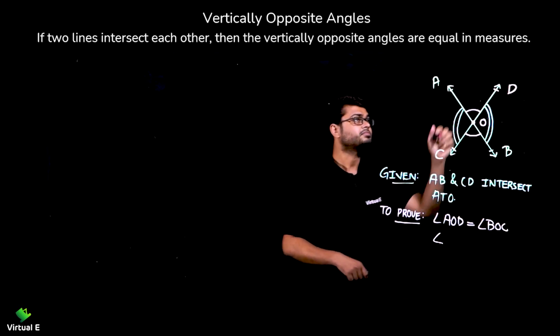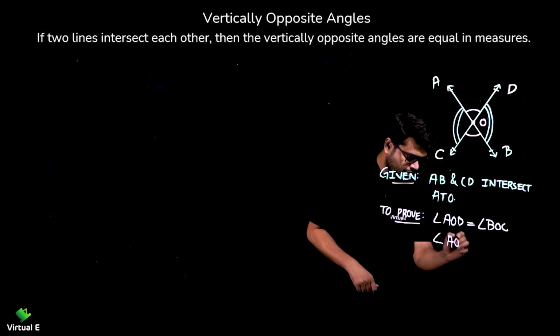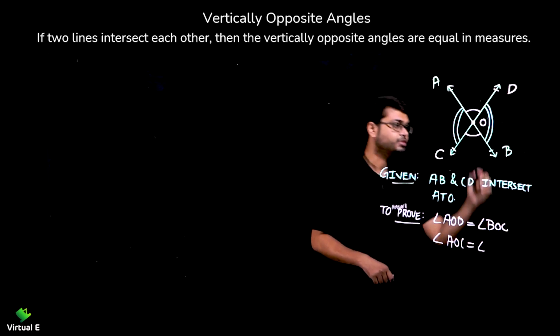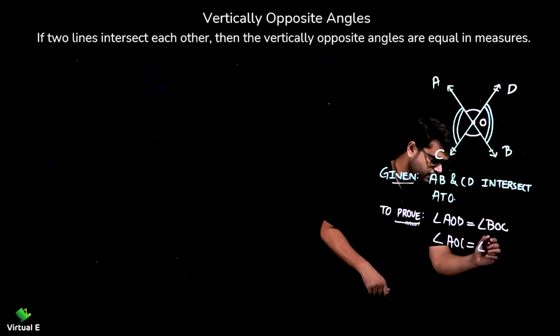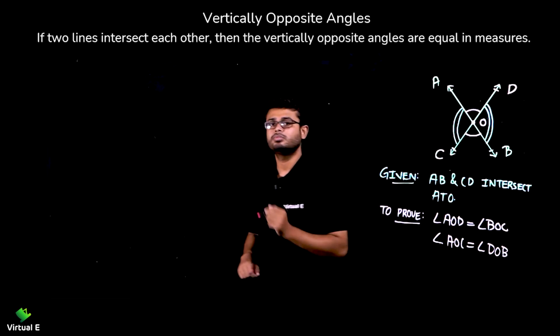Then the next angle, angle AOC, is equal to angle DOB. This is what we need to prove.